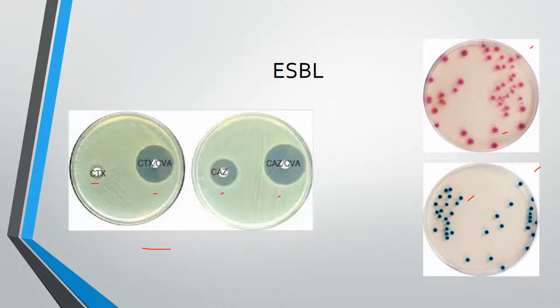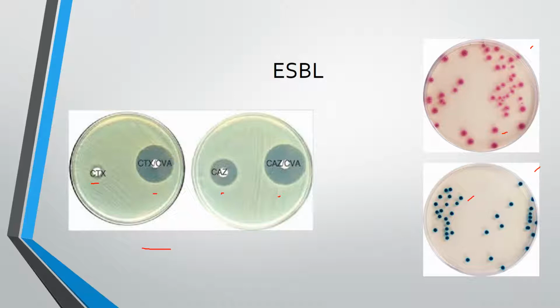And so we can use ESBL tests, manual tests such as this, where we add cefotaxime or ceftazidime. We usually do 2 drugs, and we include a beta-lactamase inhibitor. So you have the drug by itself, and you have the drug with some kind of beta-lactamase inhibitor, and you can see a drastic difference in the pattern of the growth.